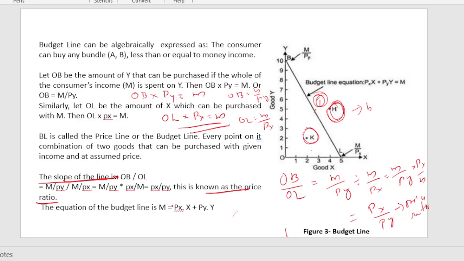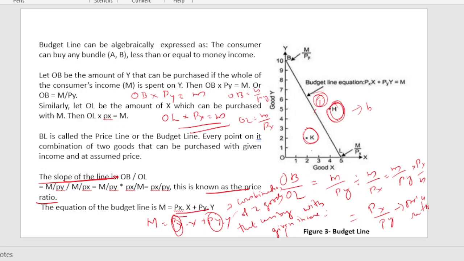The equation of this budget line can be written as M is equal to PX X plus PY Y, because the budget line represents the locus of combinations of two goods that a person can buy with his given income and the price.